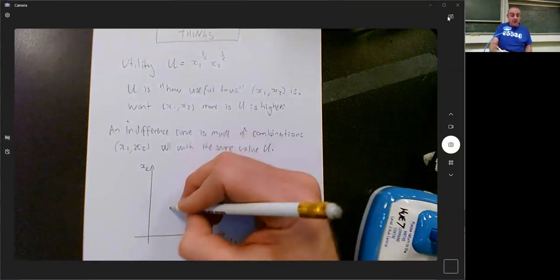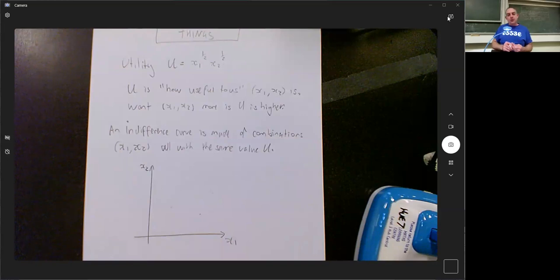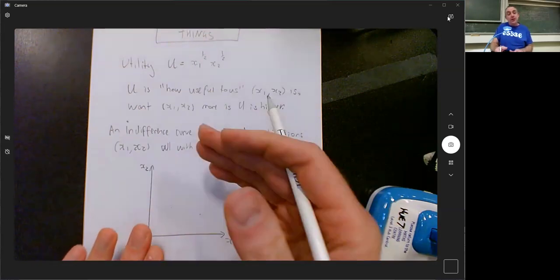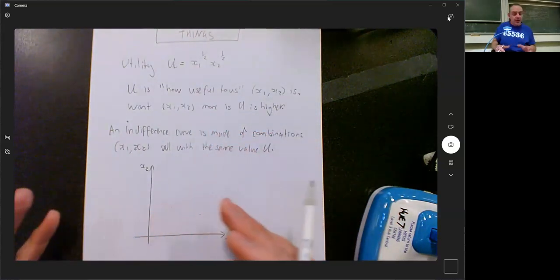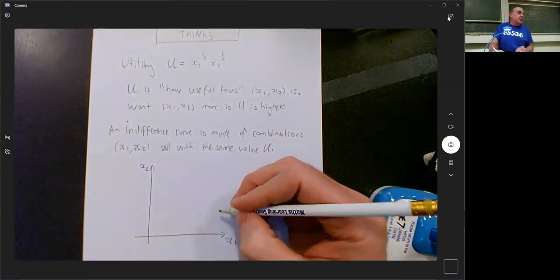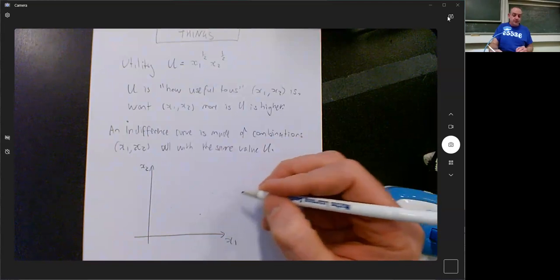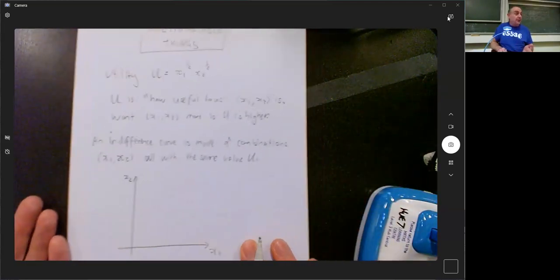Every point here has a value of u, and they all have a number of their own. And you could imagine coloring them all in with red if they're bad, and green if they're better. And so what you'd want is a line where they're all the same color, and they'd be indifferent to those ones. And so I can draw curves on here, but I need to figure them out first.